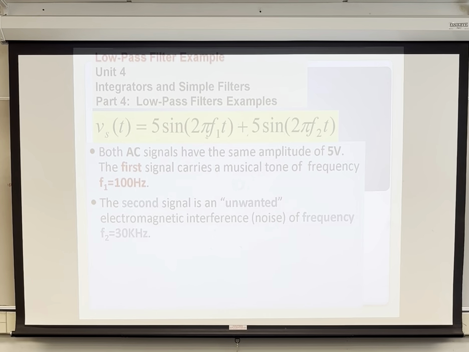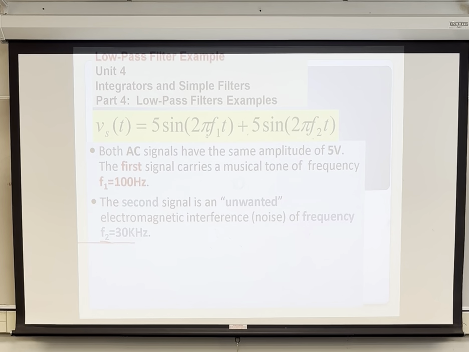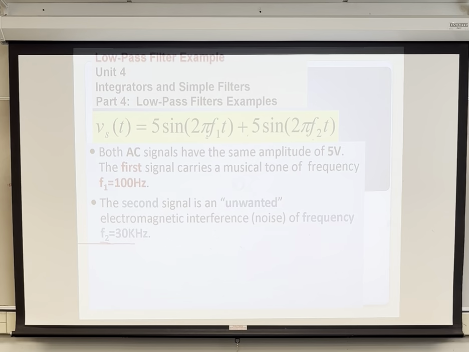The second frequency F2 is an unwanted noise frequency, and it's 30 kilohertz. We notice it's much higher in frequency than the 100 hertz. So we want to allow the 100 hertz to pass through the filter, and we want to reject or reduce this 30 kilohertz tone that's also trying to pass through the amplifier.